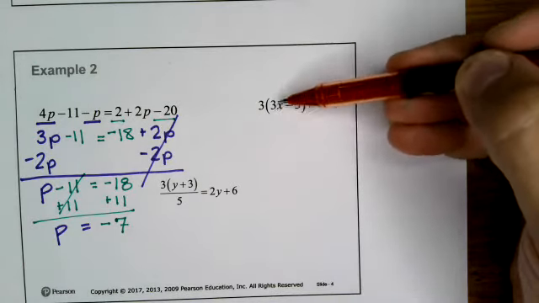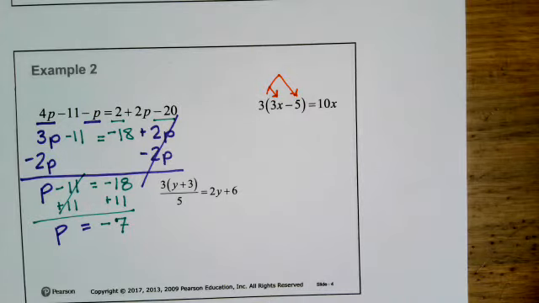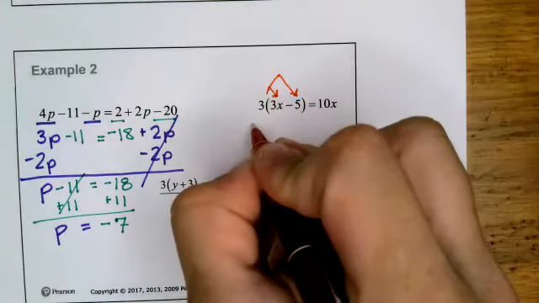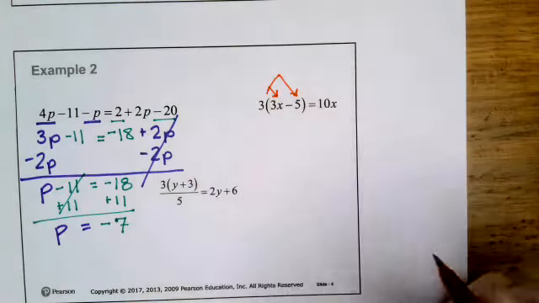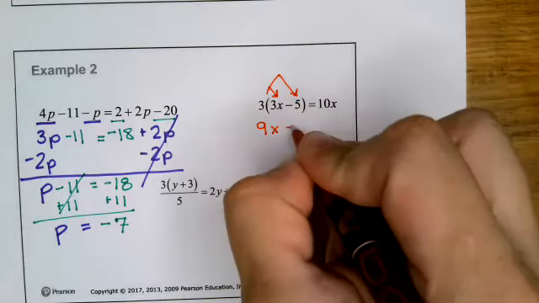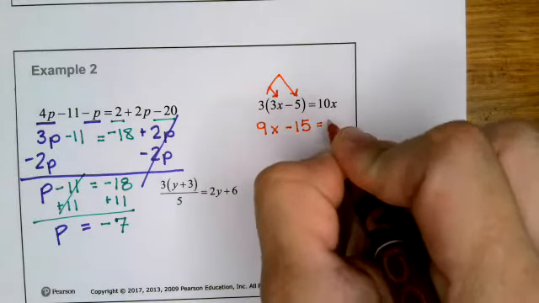What could that mean? It could mean distribute what is outside the parentheses through every part of the parentheses. So that is actually what it's saying. 3 times 3x becomes 9x. 3 times negative 5 becomes negative 15. 10x stays the same.